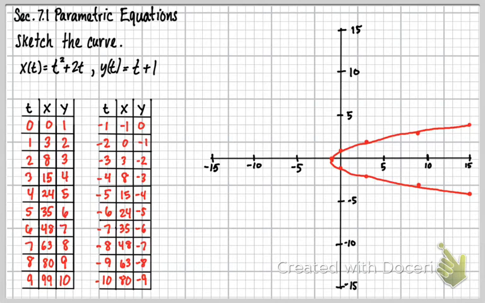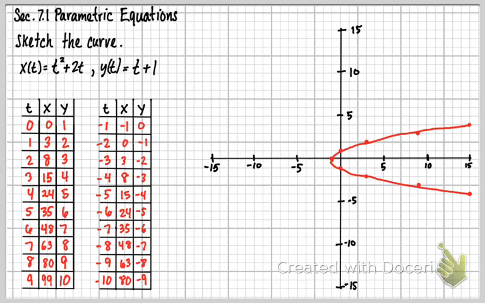So now what we're going to do next is we're going to take this graph here, this x of t, y of t, and we're going to turn it into a rectangular graph or coordinate. What I mean by that, this is already rectangular coordinates. We're going to turn our x of t and y of t into just an equation of x's and y's.